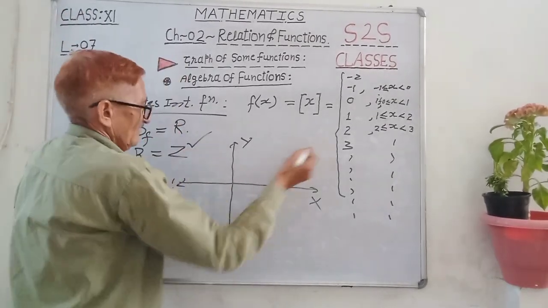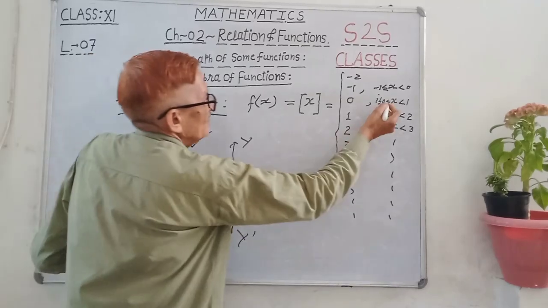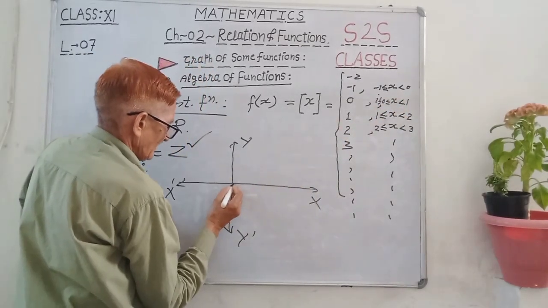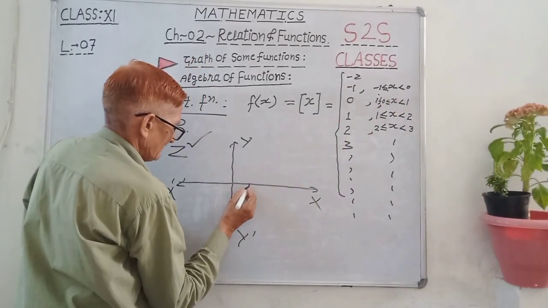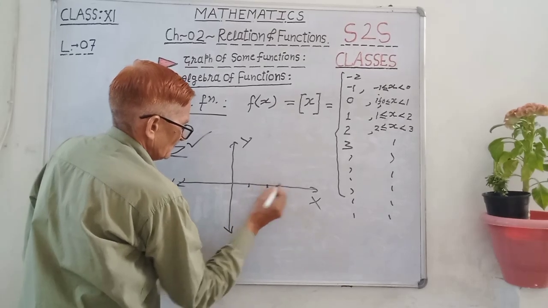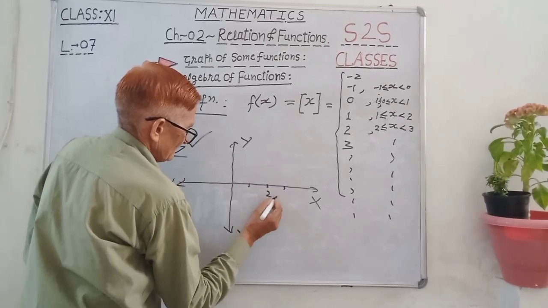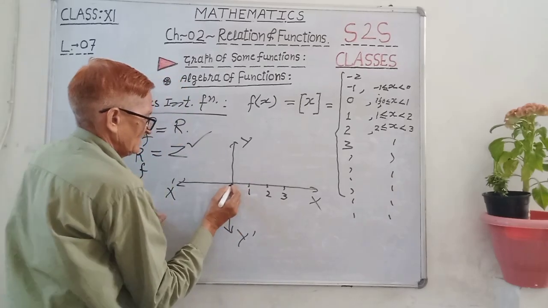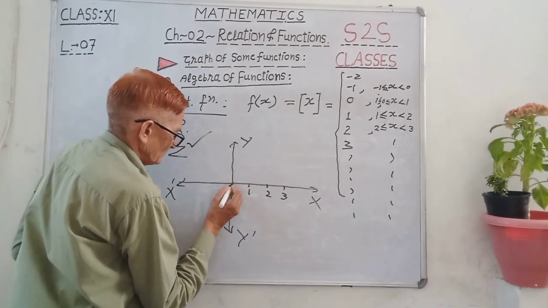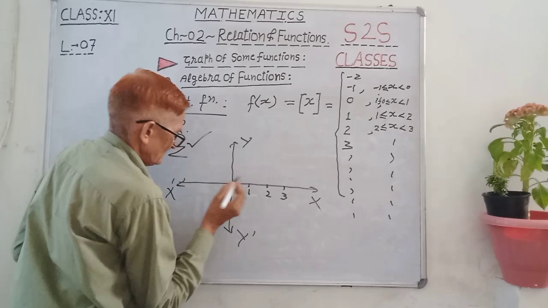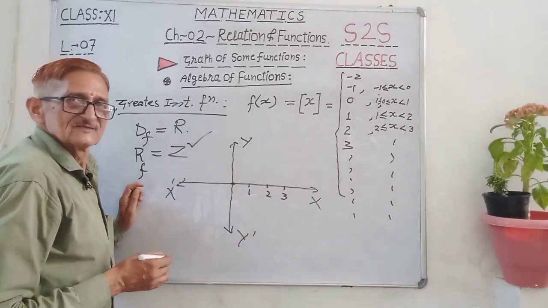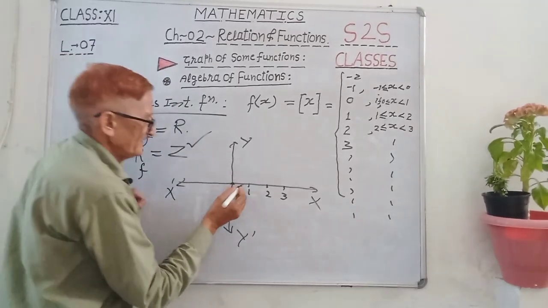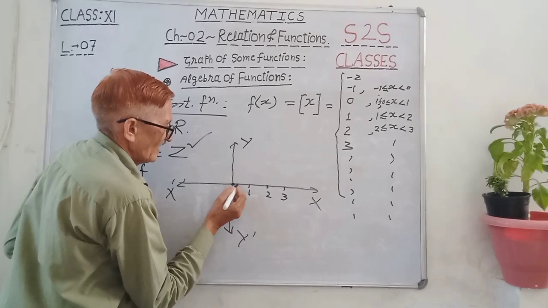Now see, if x is from 0 to less than 1, that is, 0 up to but not including 1. If x is 0 then y is 0. If x is 1 then y will be 0.